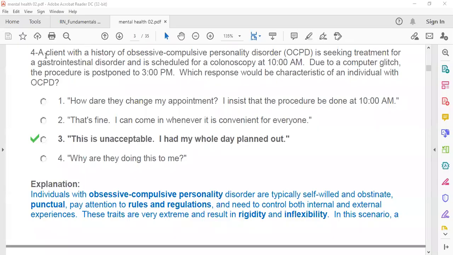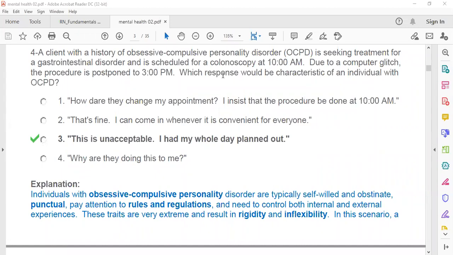So this question: the client has a history of obsessive compulsive personality disorder, shortly called OCPD. This person is looking for treatment for a gastrointestinal disorder, and they have a colonoscopy scheduled at 10 a.m. Due to some technical error, the hospital authority changed the time from 10 to 3 p.m. Sometimes it happens, right?